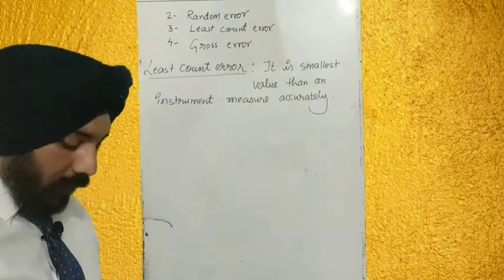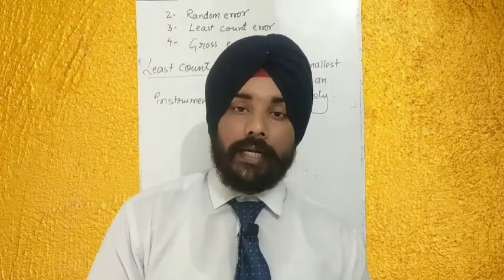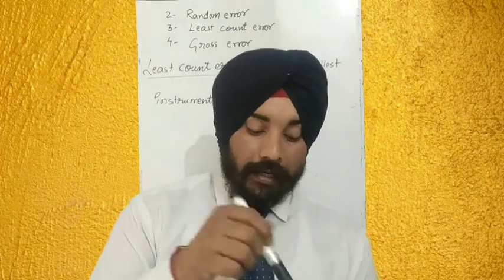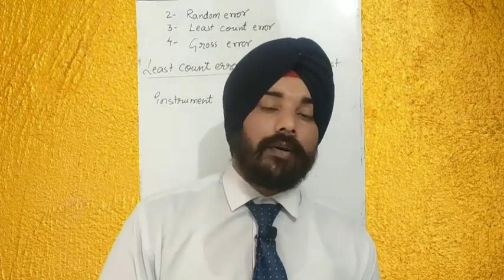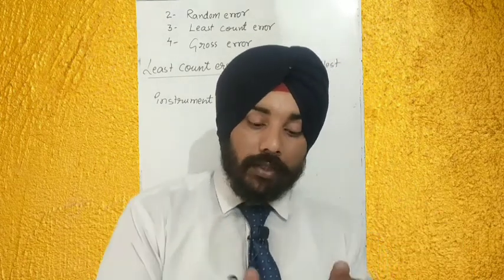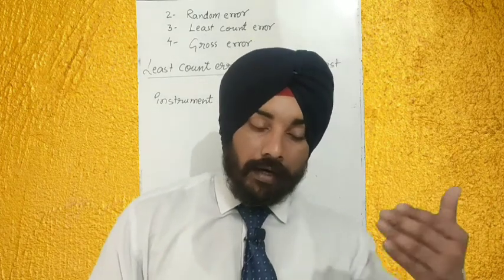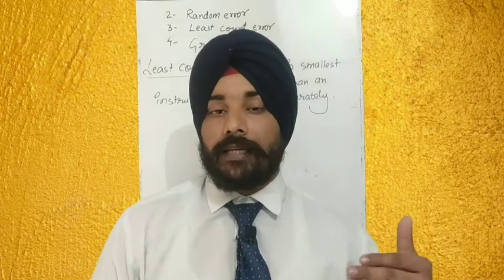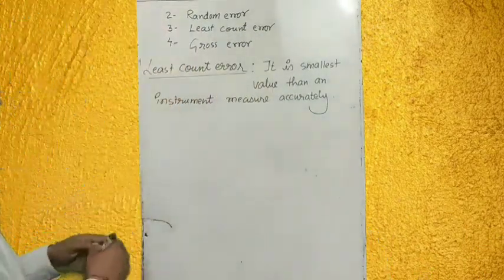Okay, I think you understood very well. If you have a particular type of instrument and its least count is some value, below that value you cannot measure with that instrument. So you have to take a more precise instrument for measuring things below that value. Okay, so this is the least count error.